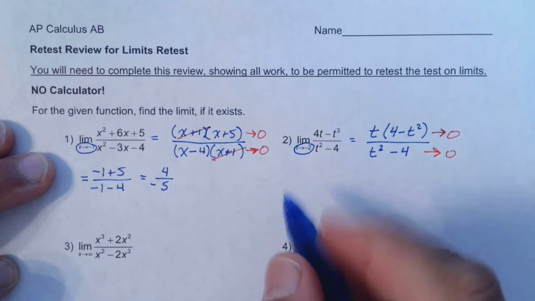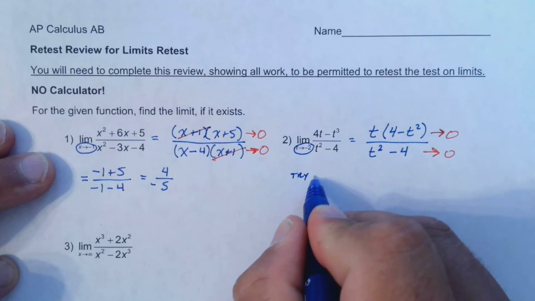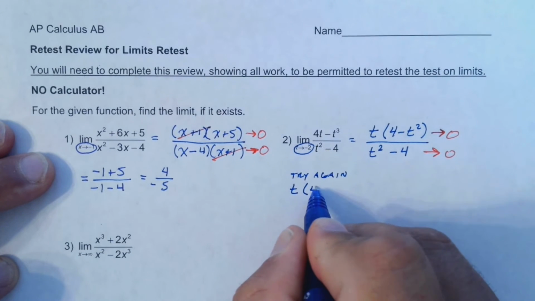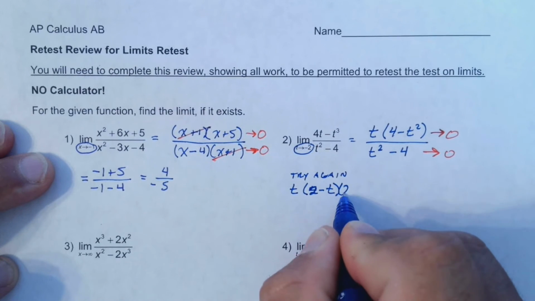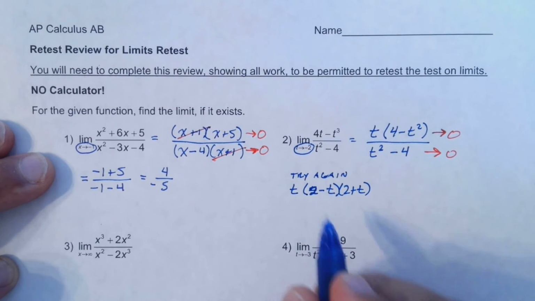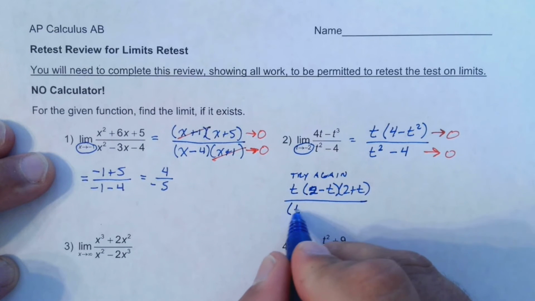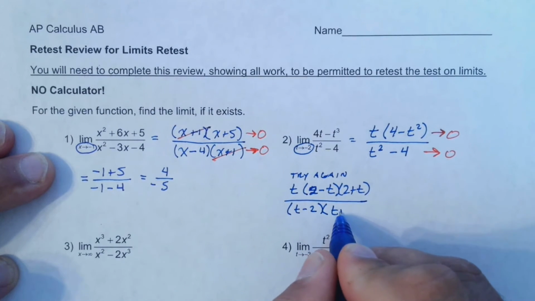So I'm going to try factoring again. I'm going to factor one more time, so I'm going to have 2 minus t times 2 plus t because of my difference of two squares. And then I'm going to have t minus 2 and t plus 2.